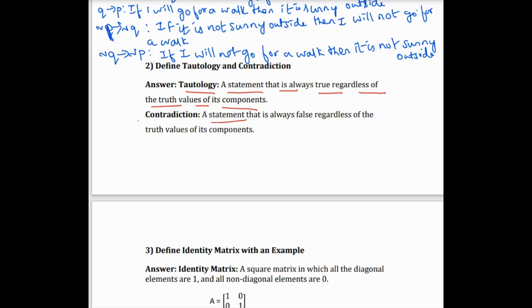Contradiction: a statement that is always false regardless of the truth values of its components. If all the values are false in a truth table, it is called a contradiction. And if you have a mixture of both, true and false together in one table, it is called a contingency.